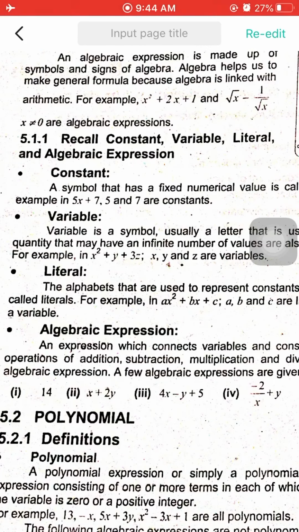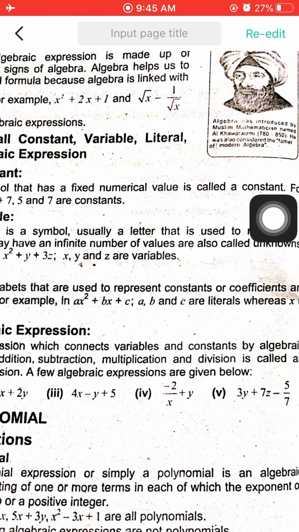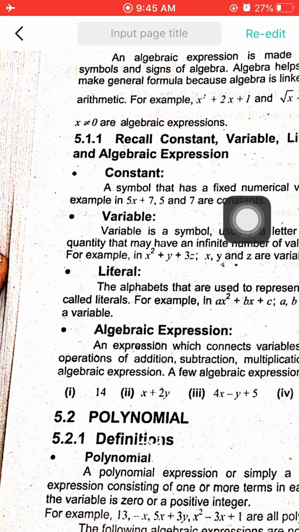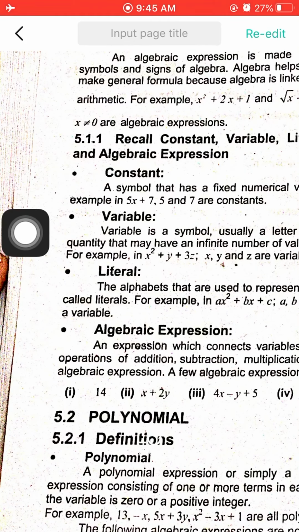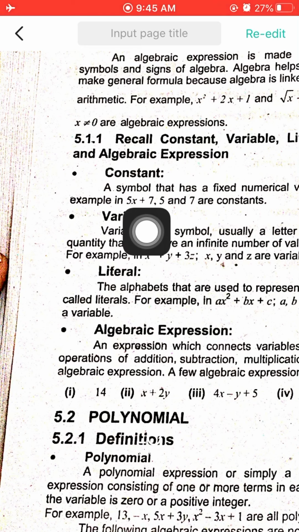Constant, students, a number that has a fixed value is called a constant. For example, in 5x plus 7, 5 and 7 are constants.